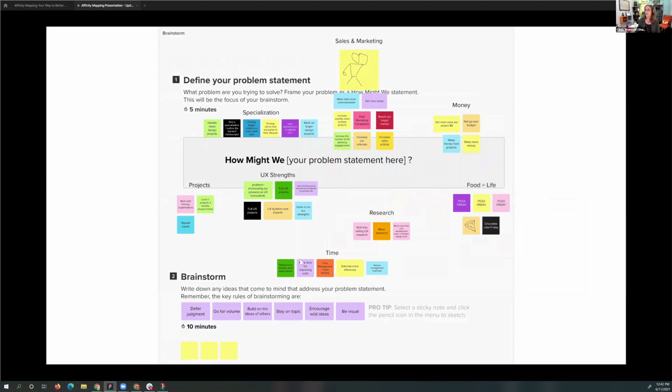We did a 5-minute activity where we were all coming up with different things of how we were going to be handling our business. And so we had sales and marketing and our strengths and research, and this was how we were starting to define our next steps with our messaging on our website and what was important to us.